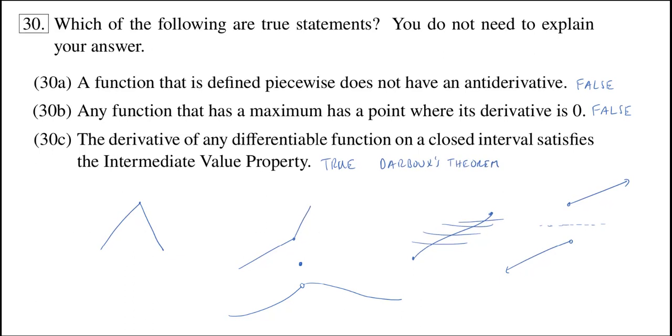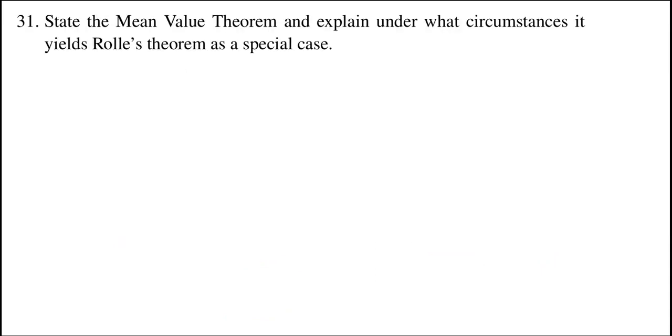Okay, let's check out problem 31. Problem 31 is another definition question. We're asked to state the mean value theorem and then explain under what circumstances it yields Rolle's theorem as a special case. So let's first do the mean value theorem.